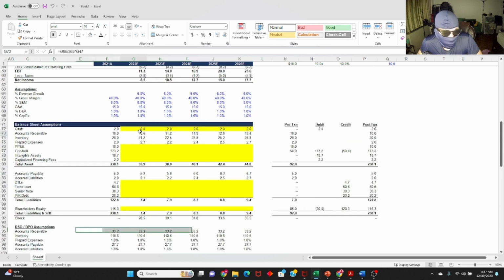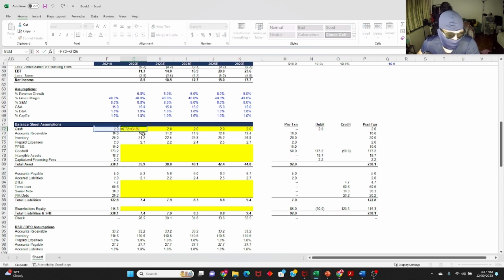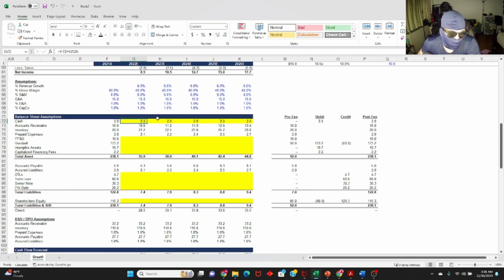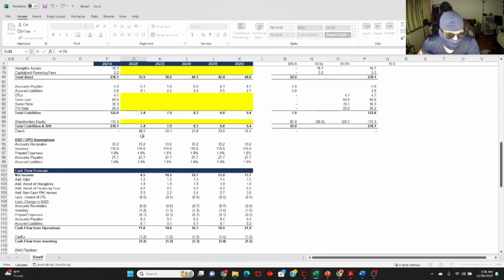So now we're going to move on to tying out our balance sheet. Like I said before, your cash is just going to be your cash from prior period plus your net change in cash in this period. That's tied up. It's good. Your PP&E is just going to be your PP&E, and you're going to add your CapEx from your cash flow.